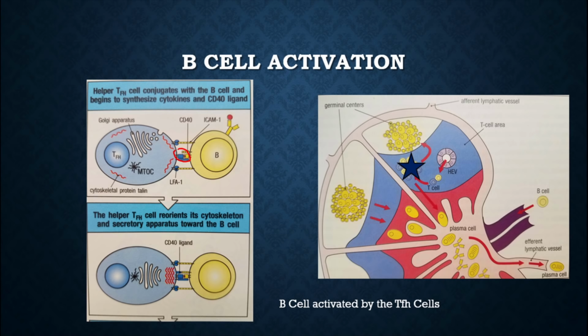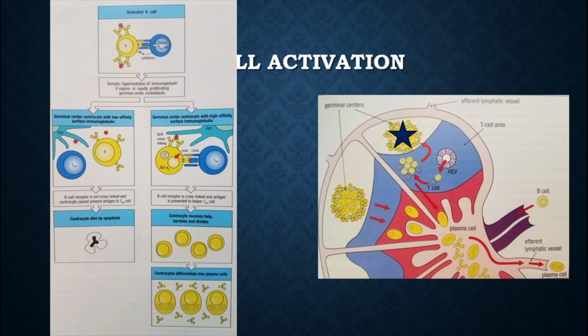I don't think we need to know all the protein names, but know that once that cognate pair has interacted, they go back to the germinal center. This is where the process of somatic hypermutation and class switching both take place, in the germinal center. And that's after the B cell has interacted with the T cell. Make sense? So they go back to the germinal center.